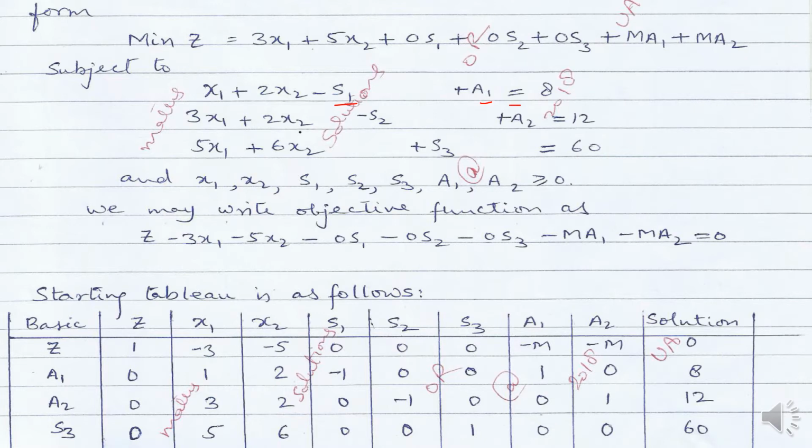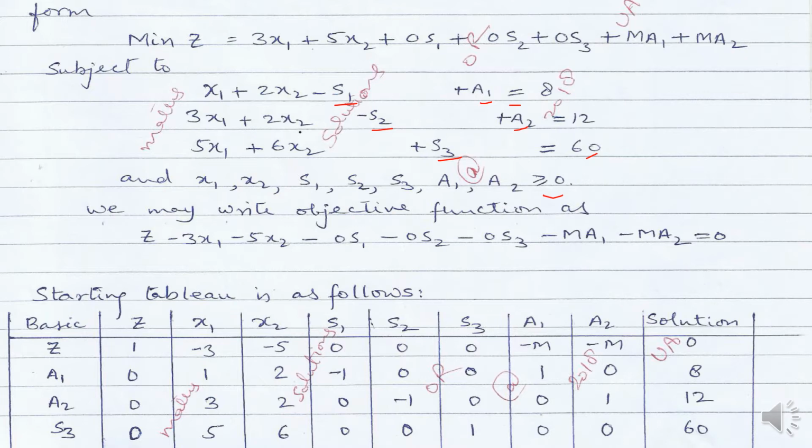Now this constraint has an equal sign. The second constraint is similar to the first one, so we write 3x1 + 2x2 - s2, the surplus variable, + a2, the artificial variable, = 12. The third constraint is less than or equal to type. It means we have to add a slack variable, so 5x1 + 6x2 + s3, the slack variable, = 60, and all the variables x1, x2, s1, s2, s3, a1, a2 are greater than or equal to 0.